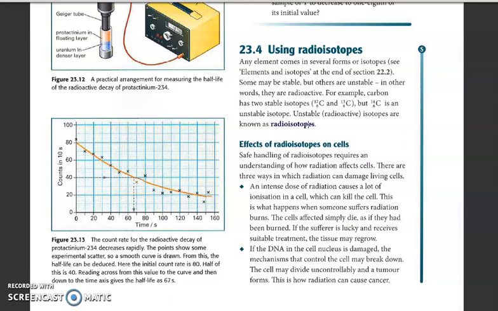We know that everything in this universe is made up of atoms, so when radiation passes through a cell, it may get charged. Due to this ionization, the cell is charged up, which can kill the cell.